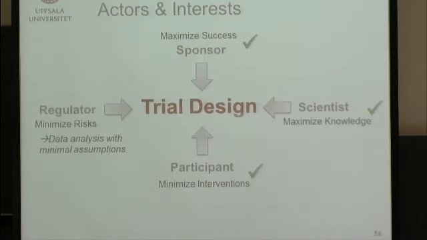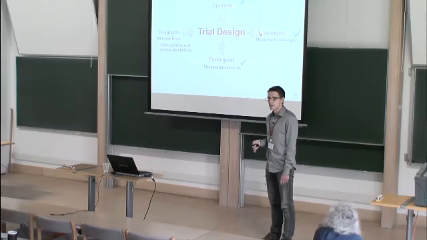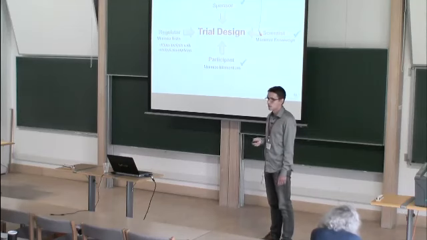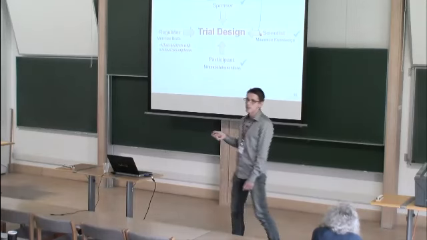The last actor, maybe the regulator that is interested in minimizing risks, maybe wants to do a data analysis with minimal assumptions. So they might not want to do model-based data analysis.